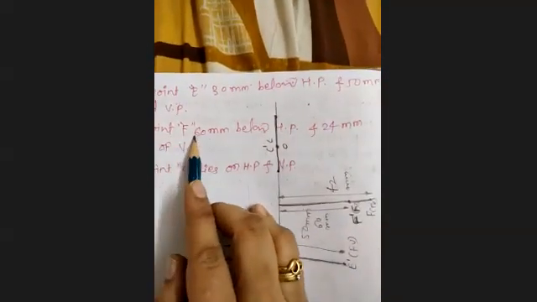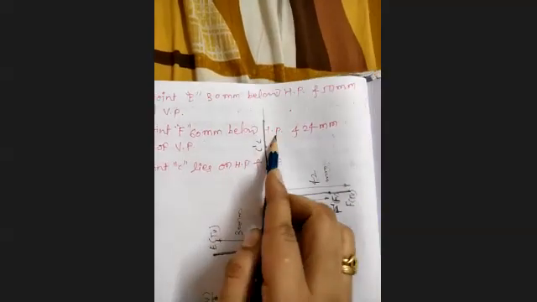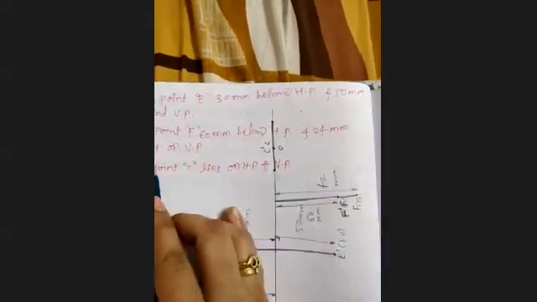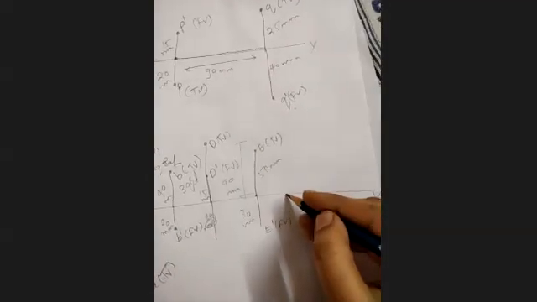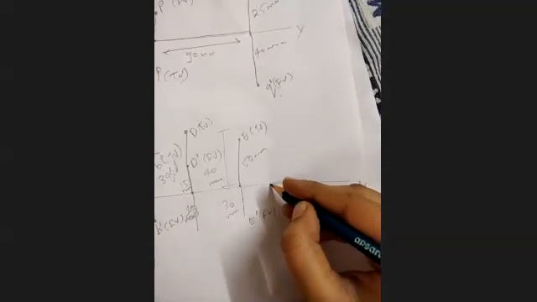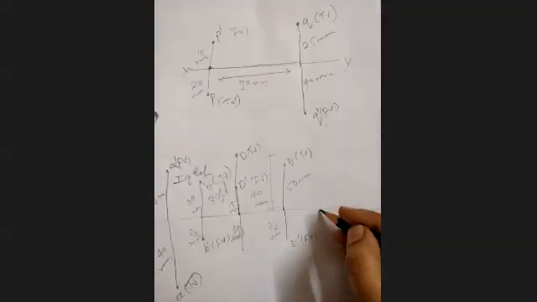Next, what are they asking next? A point F is 60 mm below HP and 24 mm in front of VP means which type of quadrant? Fourth quadrant. 60 mm below is F dash, front view.